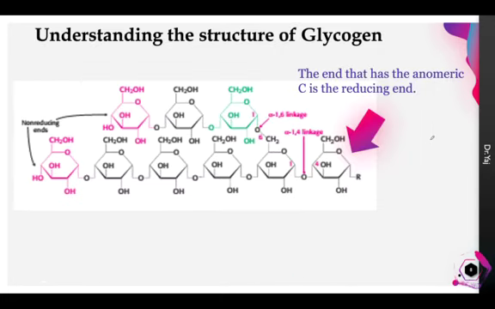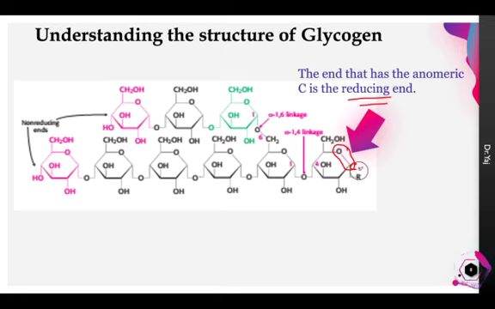Also, when we study the metabolism of carbohydrates, especially glycogen, you will encounter a term called the reducing end. The reducing end, to be precise, is the end where the anomeric carbon is located. How do you identify the anomeric carbon? Very simply, the carbon that is located next to the ether linkage is called the anomeric carbon.